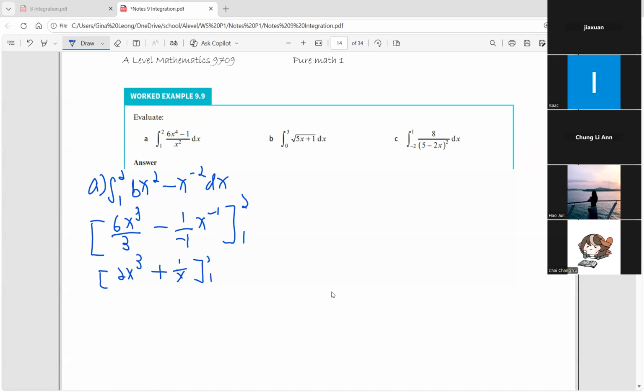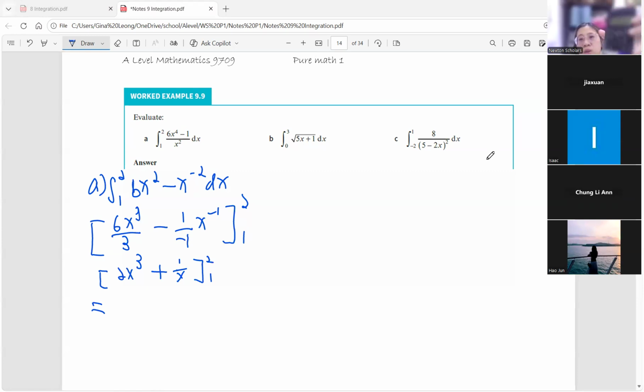Now what you can do is use your calculator. For this type of question, you can use your calculator to check your answer. In your calculator, they have the integration. I don't know whether you can see or not.